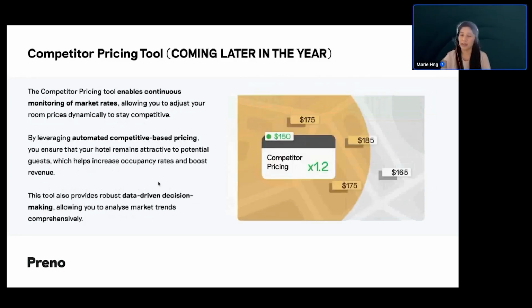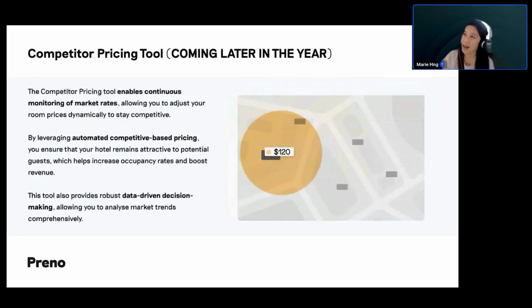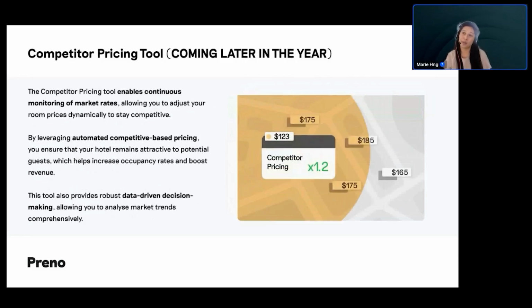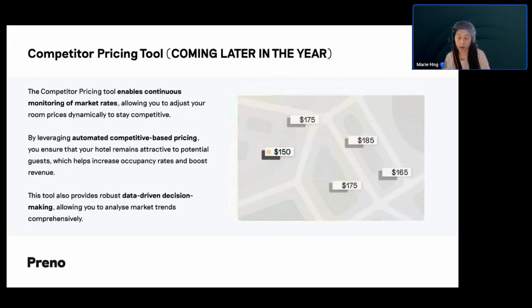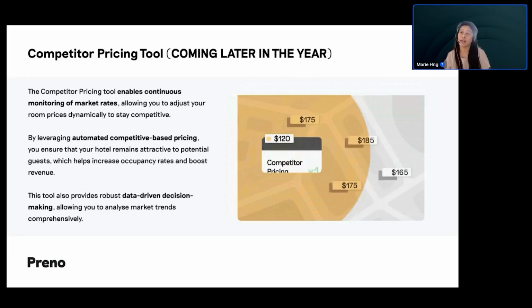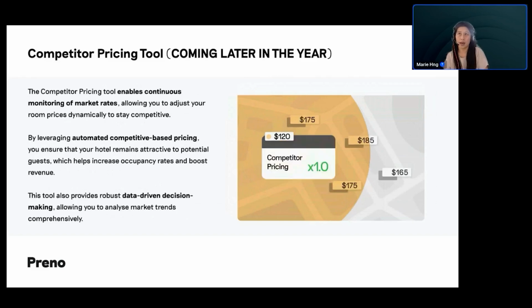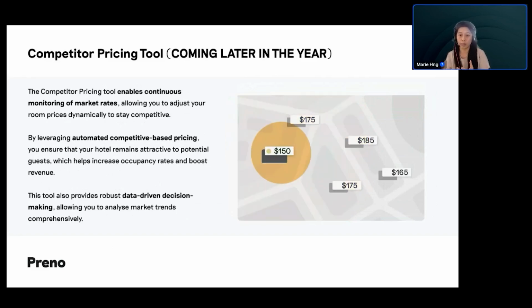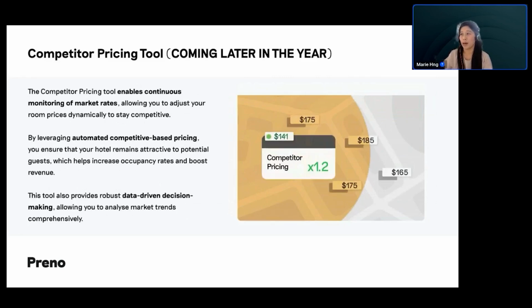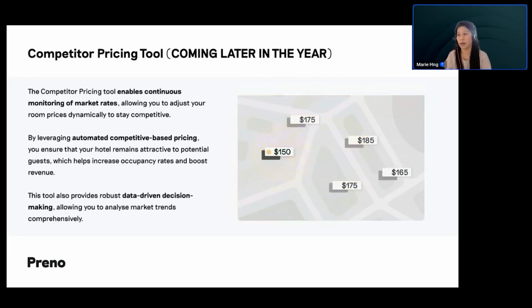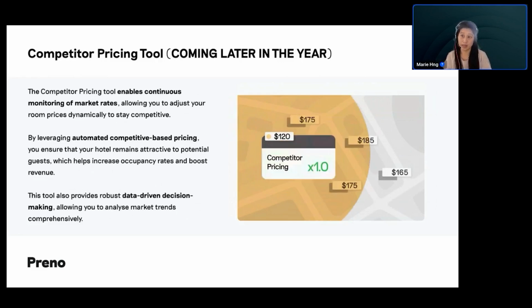Now, this is something that's coming later on, but the next feature that we're looking to roll out for Preno is our competitor pricing tool. The advantage of this is not only are you assessing your own property, we're also going to look at taking into account any adjustments for competitor properties in the area.